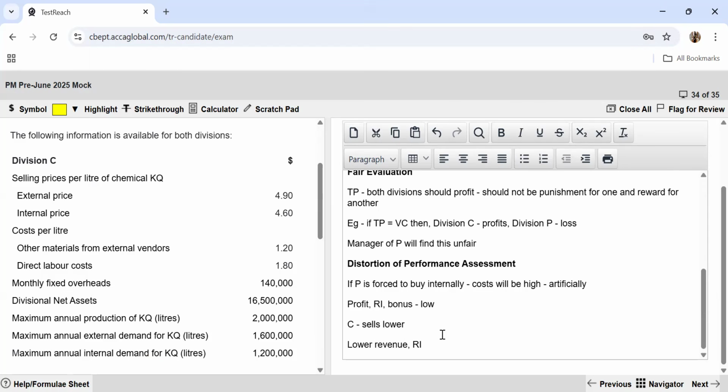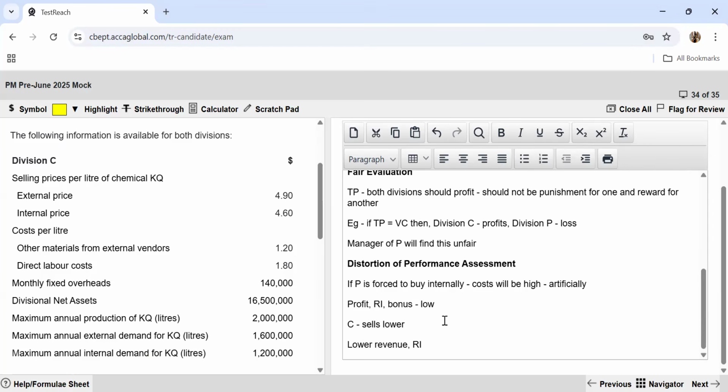So this is what is going to happen. This is how the performance assessment can be distorted. The managers will think that it's not fair to them. Their performance is not being correctly evaluated. It is distorted. Distorted is usually used for an image. When an image is not very clear, we say it's a distorted image.